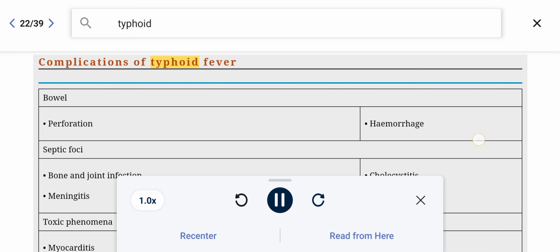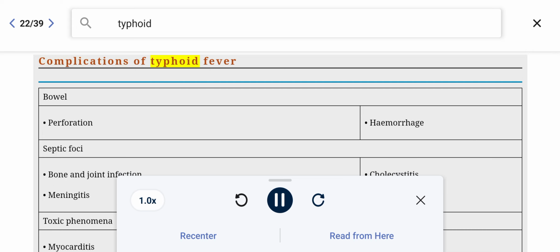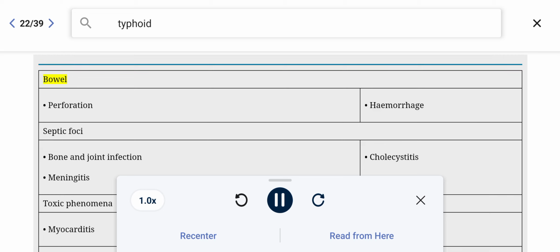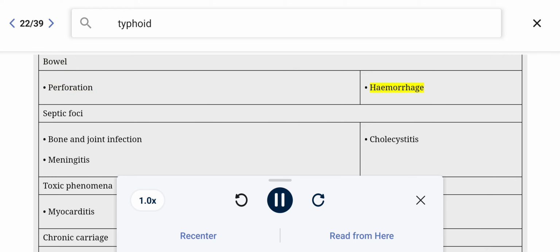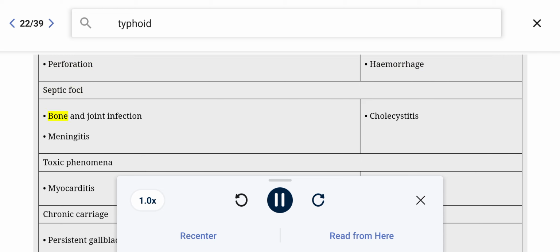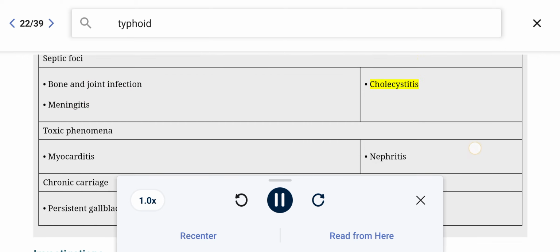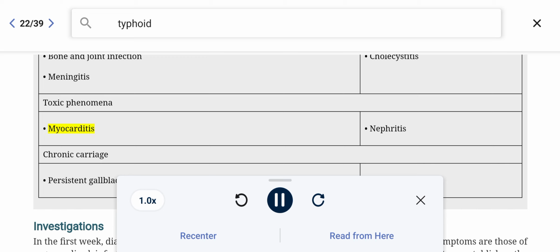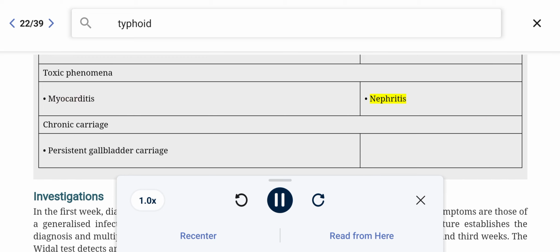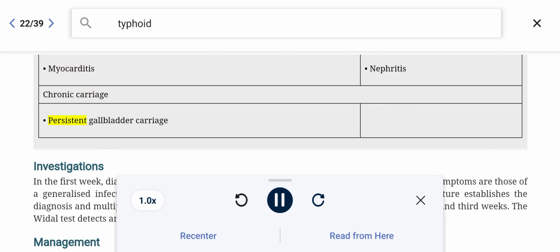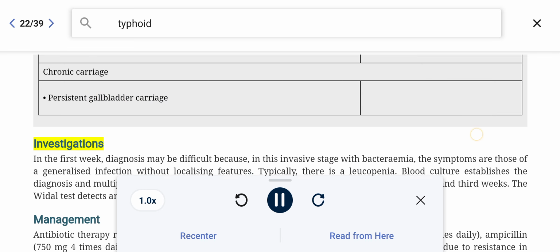Image 13.45. Complications of typhoid fever. Bowel, perforation, hemorrhage, septic foci, bone and joint infection, meningitis, cholecystitis, toxic phenomena, myocarditis, nephritis, chronic carriage, persistent gallbladder carriage.